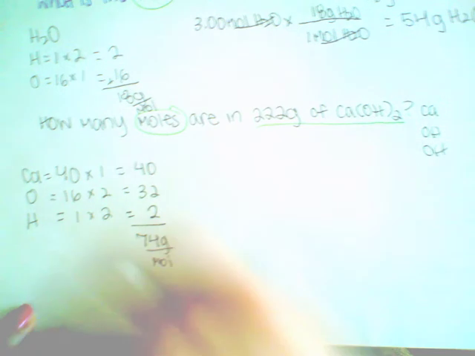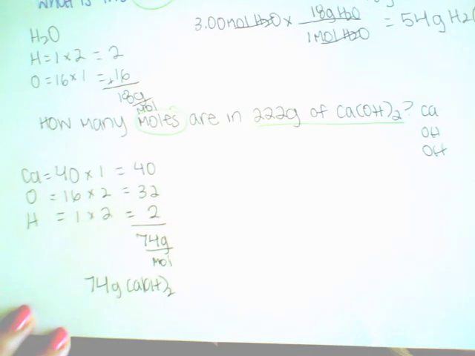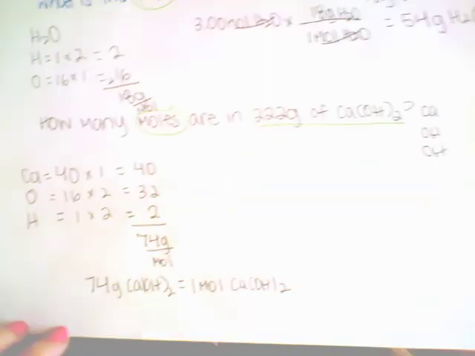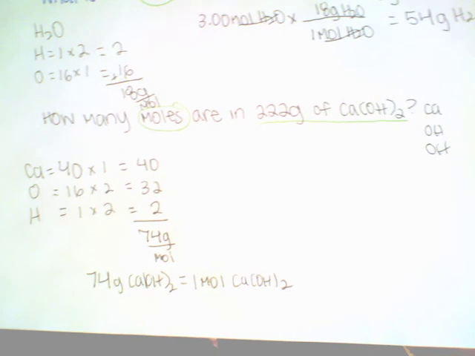In other words, there are 74 grams of CaOH2 in 1 mole of CaOH2. By definition, when we look at the periodic table and we find the mass, that is the number of grams in 1 mole.